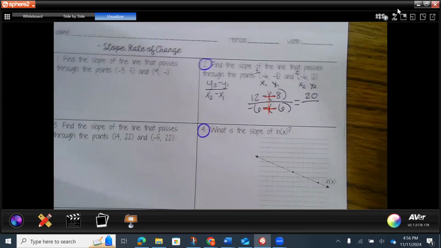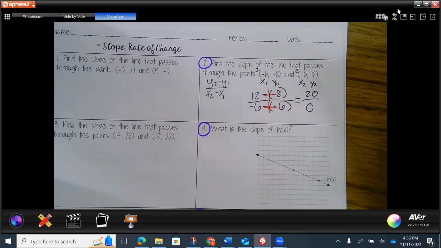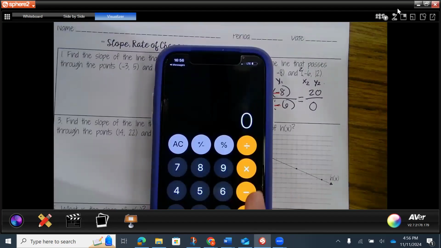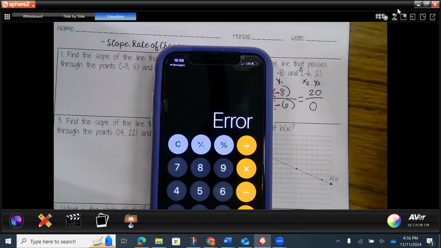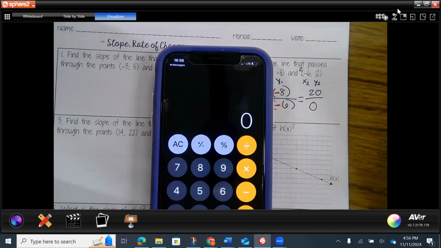So we have -6 plus 6, which is 0. Now, this is why it is interesting, because if you were to use a calculator and did 20 divided by 0, it's going to give you an error. This is why a line that's straight up and down is undefined, because you cannot divide anything by 0.